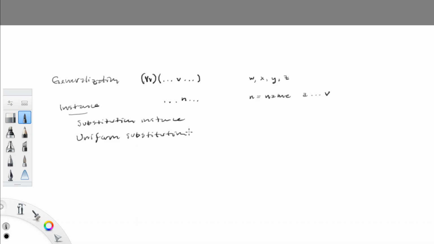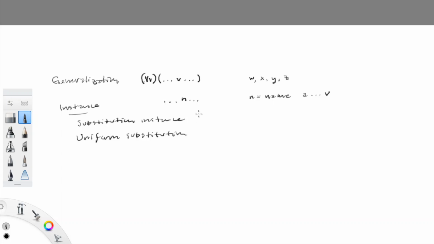Uniform substitution is a mouthful, so you'll usually hear me just use the term instance. The uniform substitution is the most descriptive term for what we're talking about.